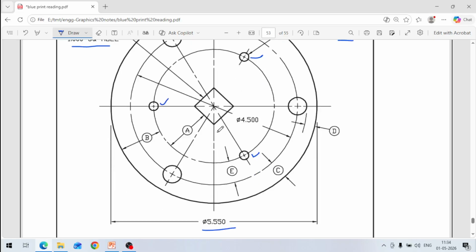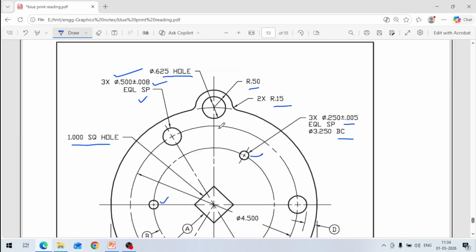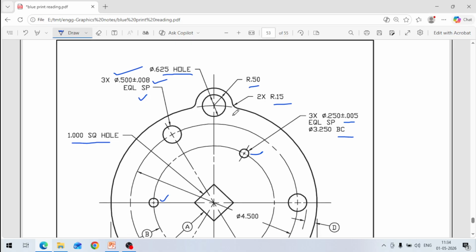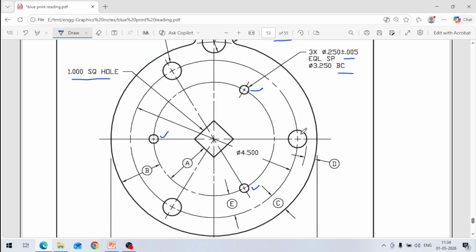This hole is on the vertical center line, and one hole is on the horizontal center line; the other two holes are 120 degrees apart like this. Similarly, the small hole is on the horizontal line and the other two holes are 120 degrees apart.